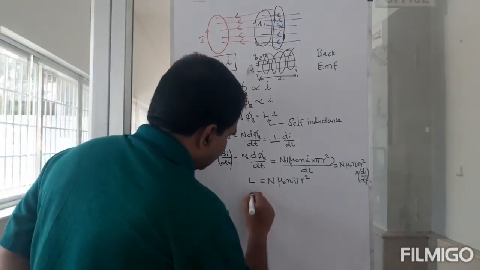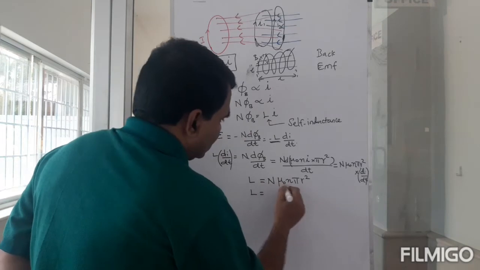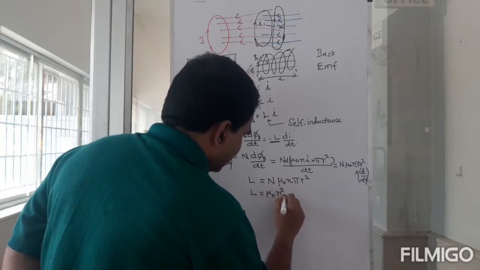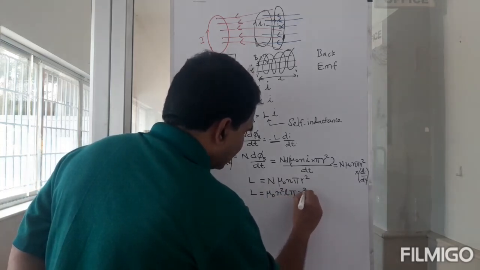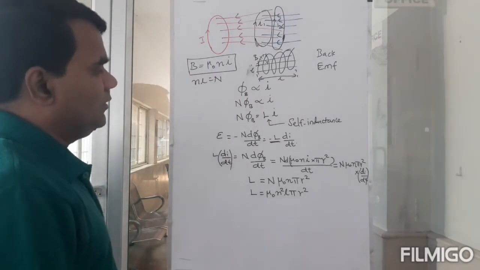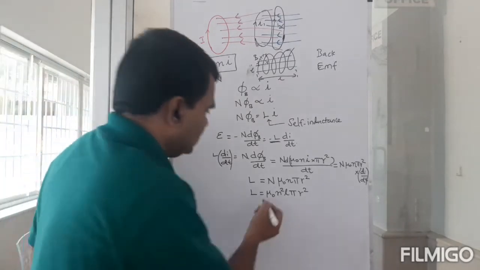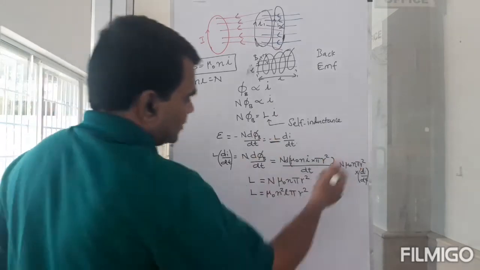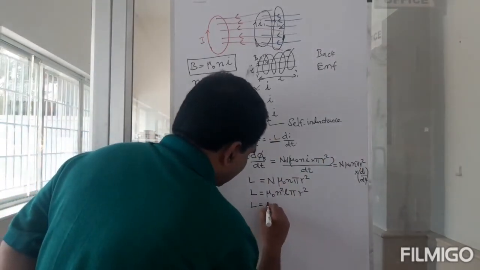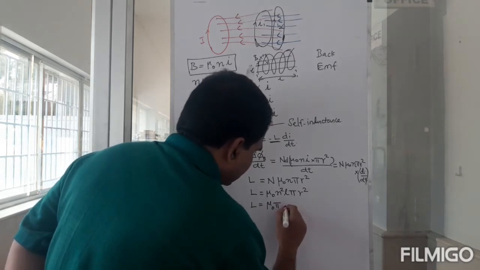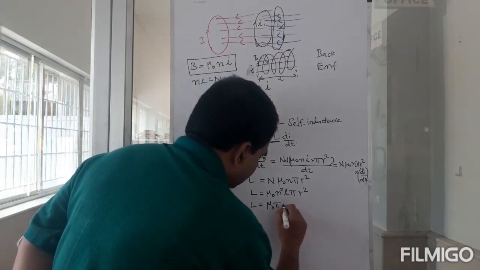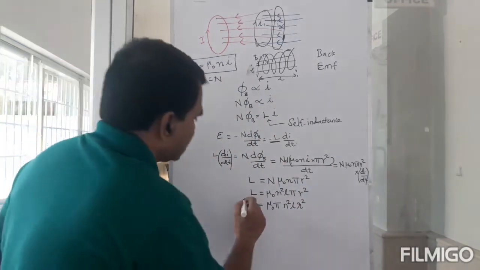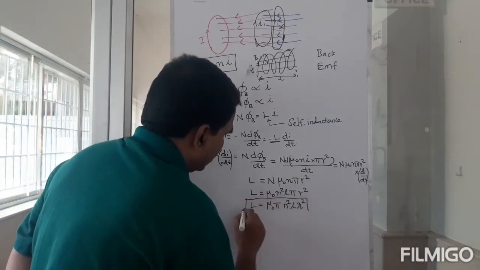If you put that in, taking mu naught out, n l times n gives n squared l pi R squared. Usually you take all the unchanged constants out first. So L is equal to mu naught n squared l pi R squared. This is the self-inductance of the coil.